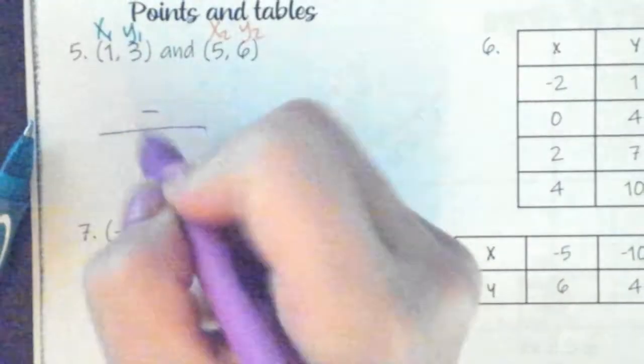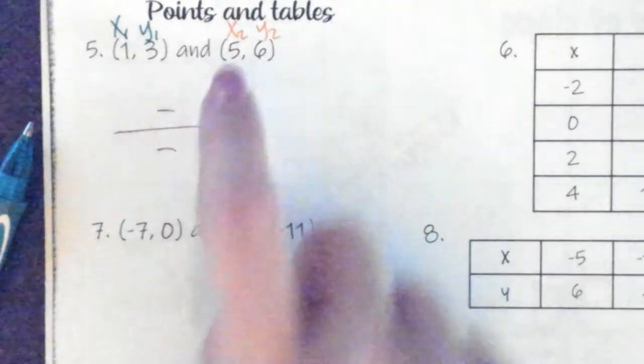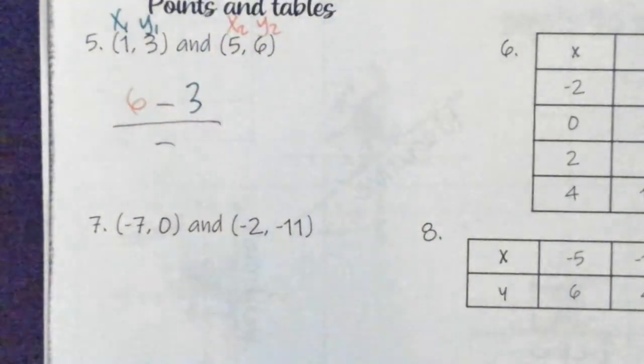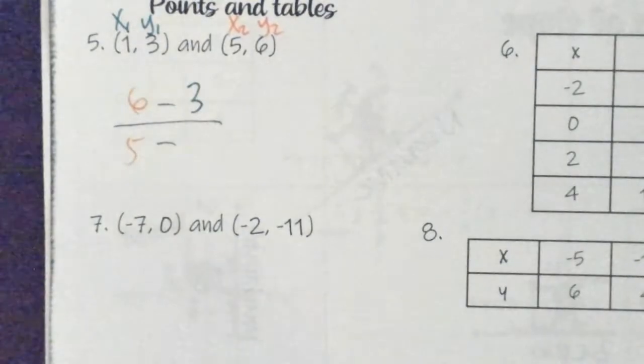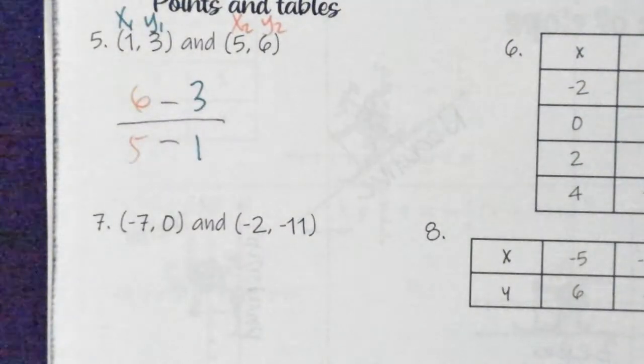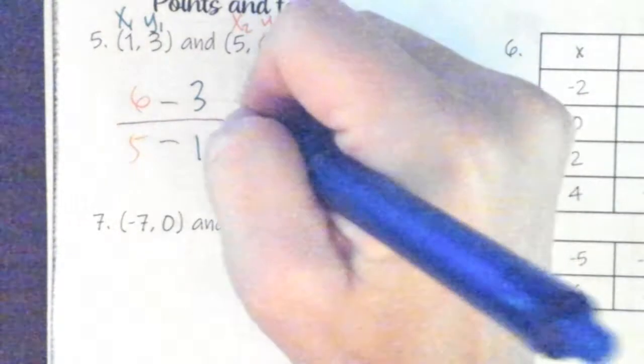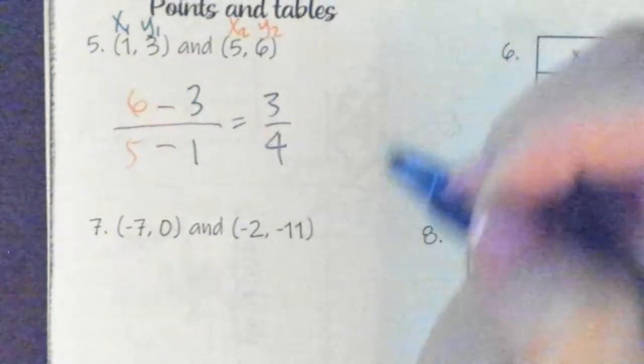You could probably always label, and then let's set up my fraction. So y2 is 6 minus y1 of 3 over 5 minus 1. So when I calculate that, I get 3 over 4. My slope here is 3 over 4.